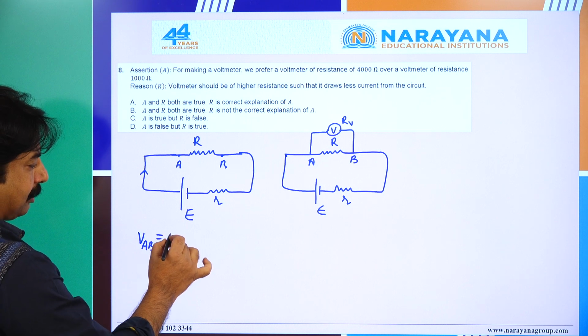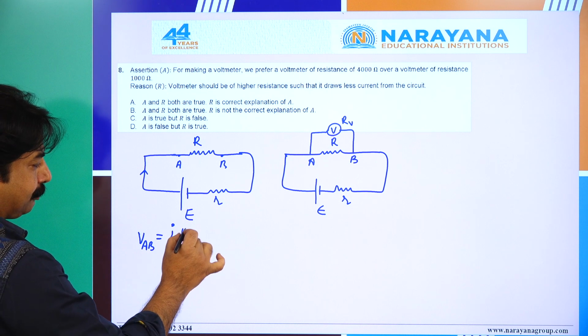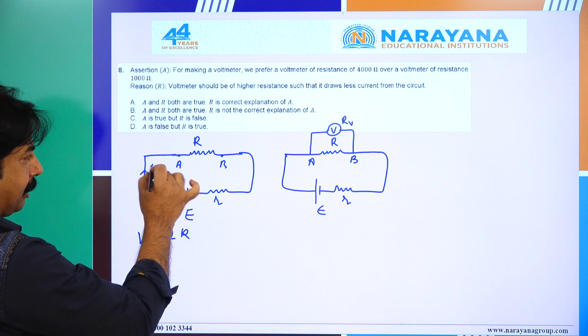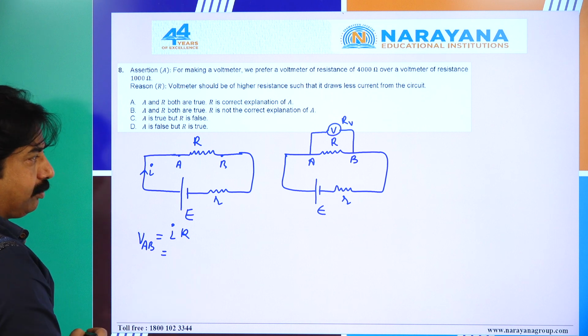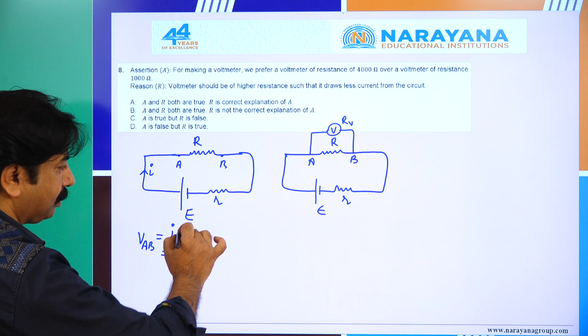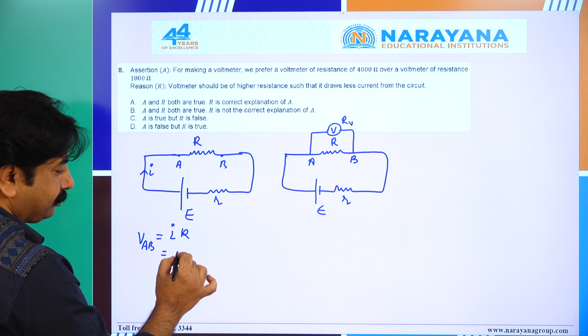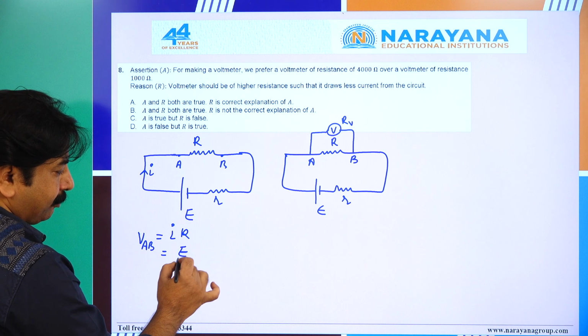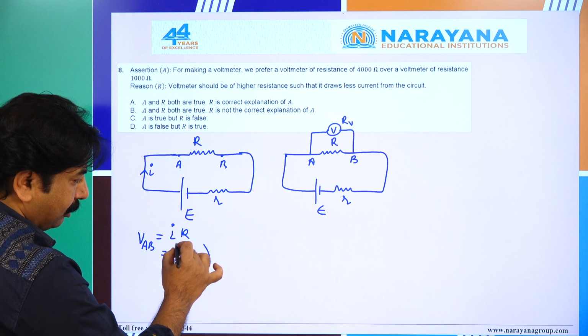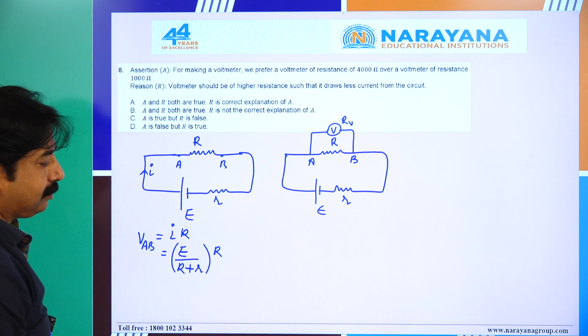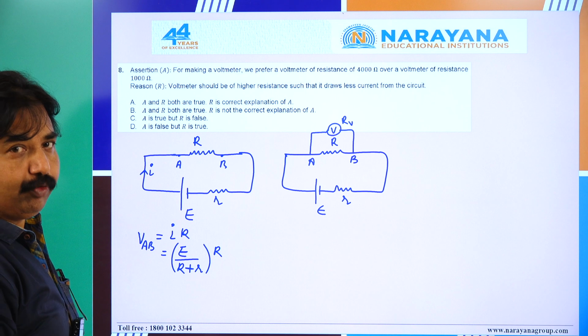The original one is I into R. Here I is the current flowing through this one. But what is the I value? I is E by total R plus R, into R only. That is the current flowing in the circuit.